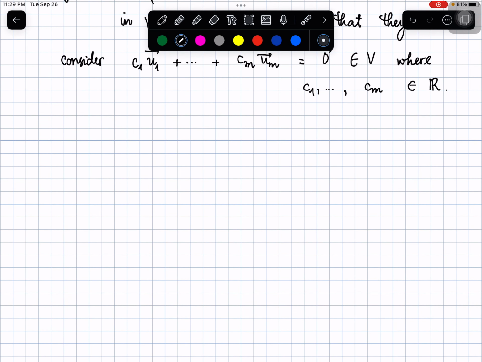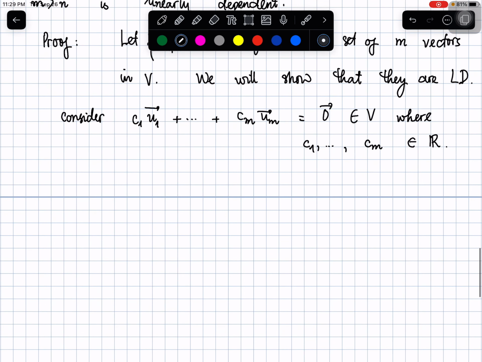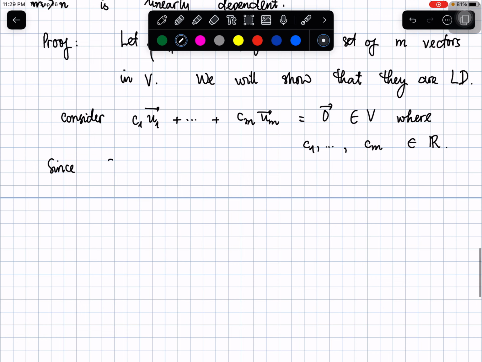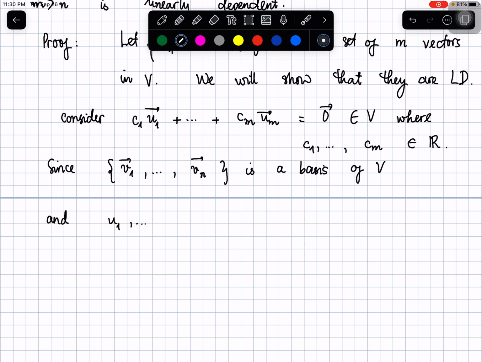This means that any vector in V is inside the span of v1 to vn, since v1 to vn is a basis of V, and u1 to um are vectors in V.